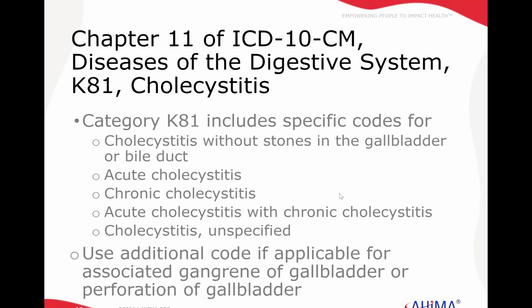Again, you'll see a lot of this throughout this chapter with the K81 and K80 codes, the cholecystitis without stones. Once we go to the tabular, it will direct us to use an additional code if applicable for associated gangrene of the gallbladder or perforation of the gallbladder.